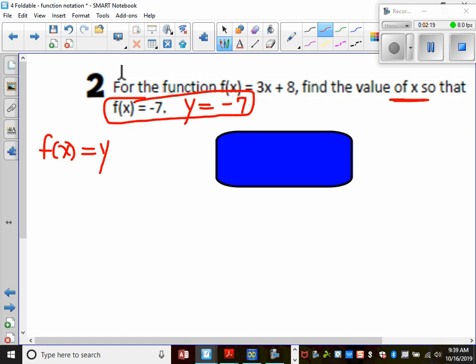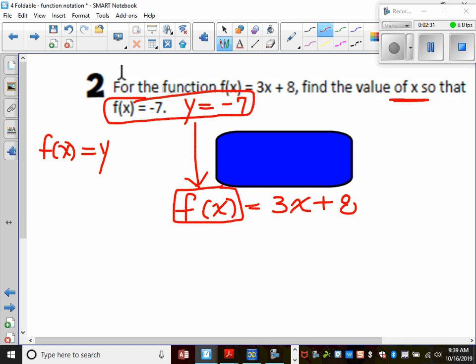So now I'm going to take my f of x equation right here. This is what they gave me. I am going to replace f of x with negative 7, because this time I am solving for x. And then you just solve for x.